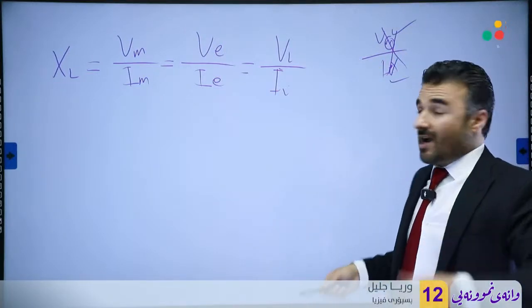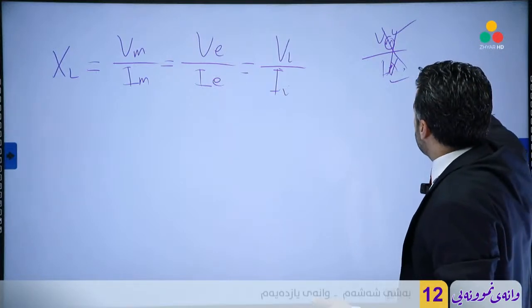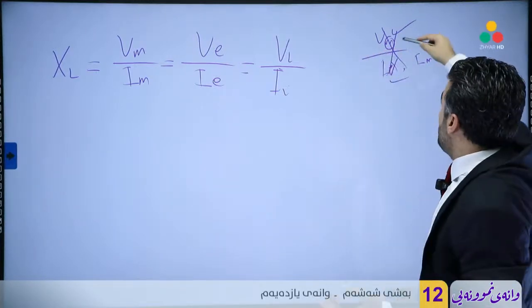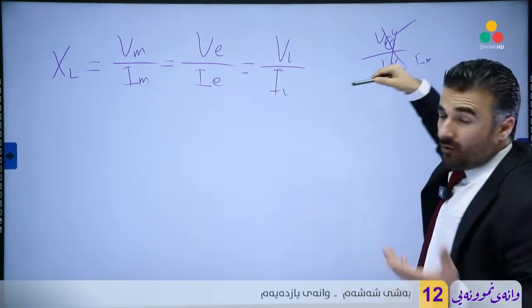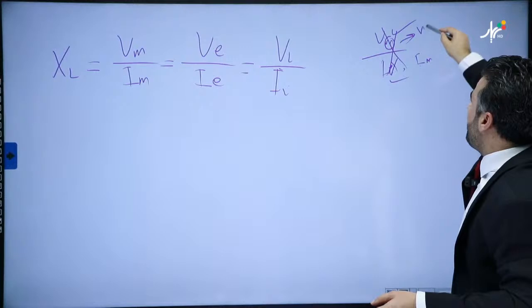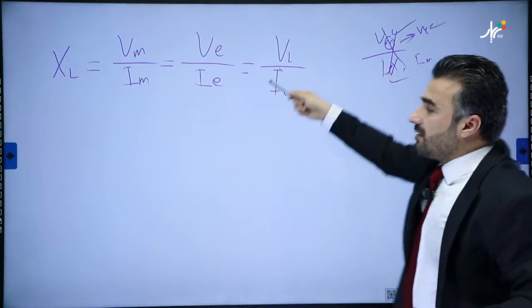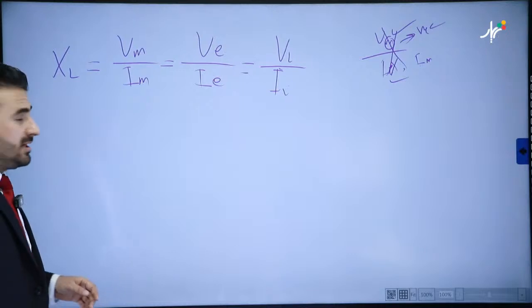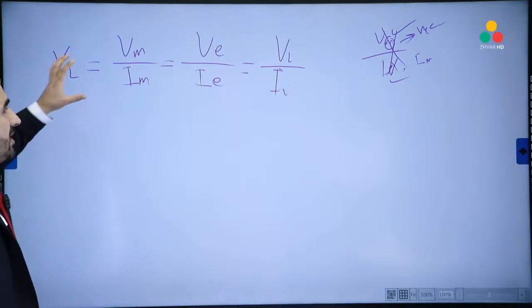We've learned a way to convert effective to maximum, so we will find I maximum so that we can divide V maximum by I maximum, or you can convert to V effective with I effective, then you can find the inductive impedance. So that is one way to do that.